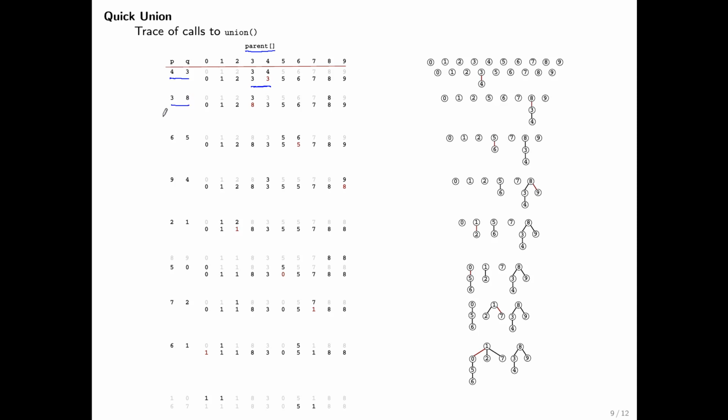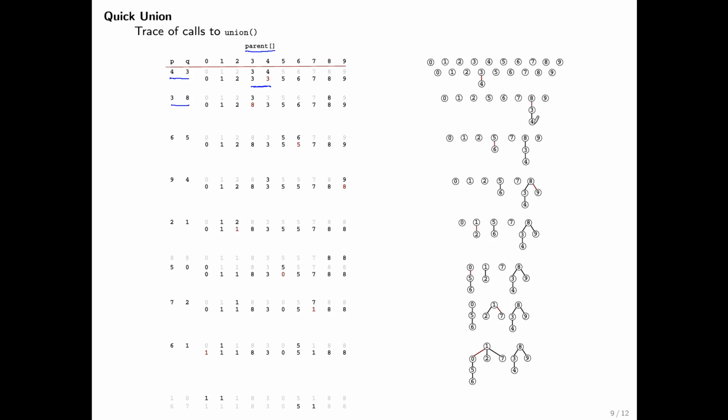So the tree that was rooted at 3 now is made part of the tree that is rooted at 8. The parent of 3 now is the parent of 8, which is 8. Visually this is how it looks. The parent of 8 was 8, and now 3, which is part of this tree, is made part of this tree here.